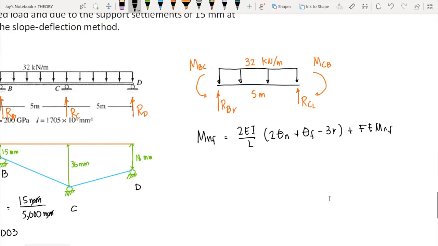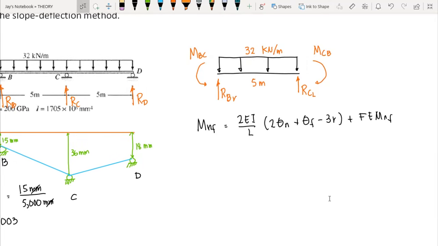So we will be using this one because again, the modified slope deflection equation can't be used in this case because neither of these two moments is equal to 0. So we have MBC is equal to, let's begin with the fixed end moment.